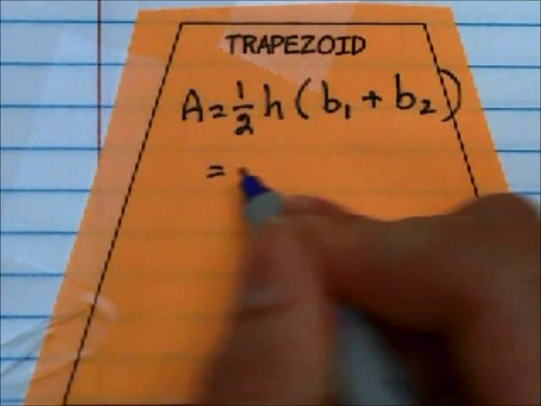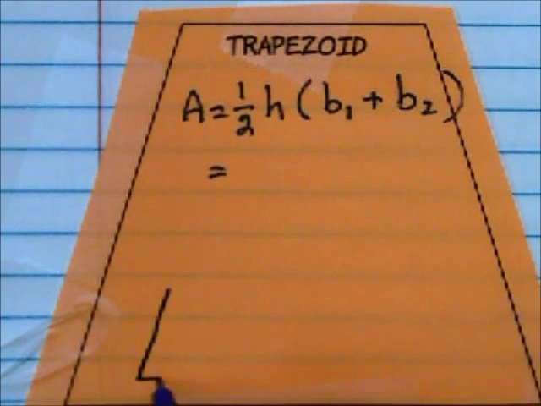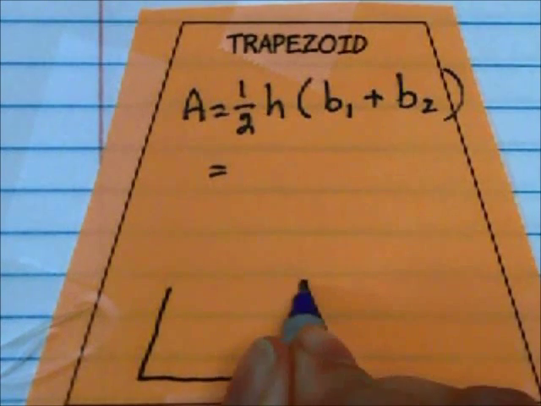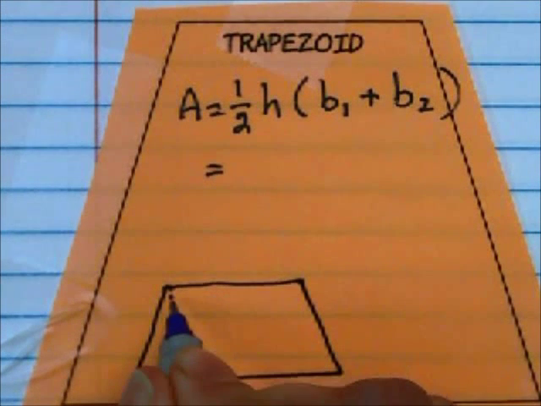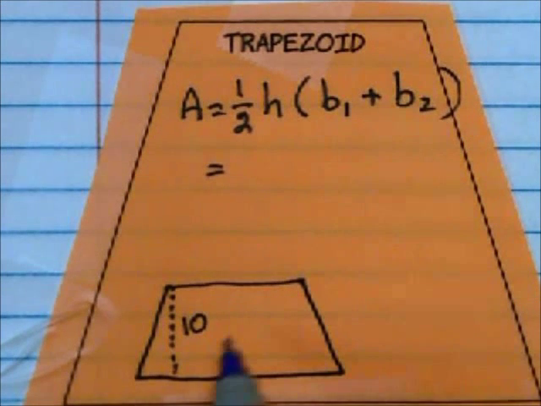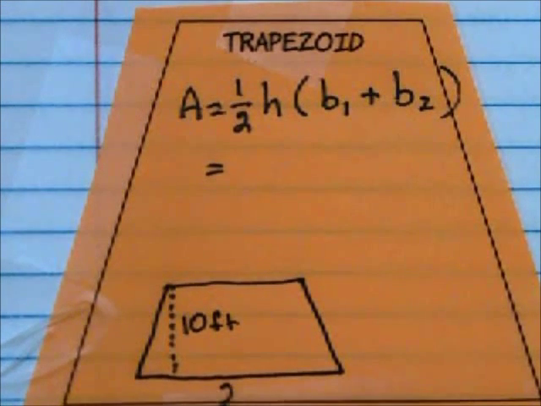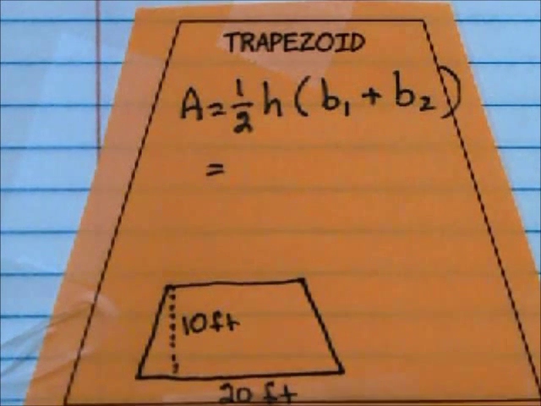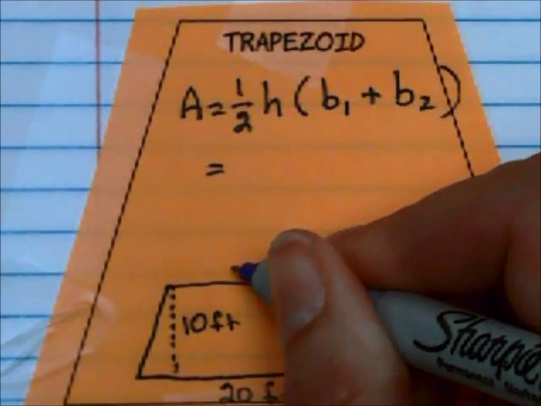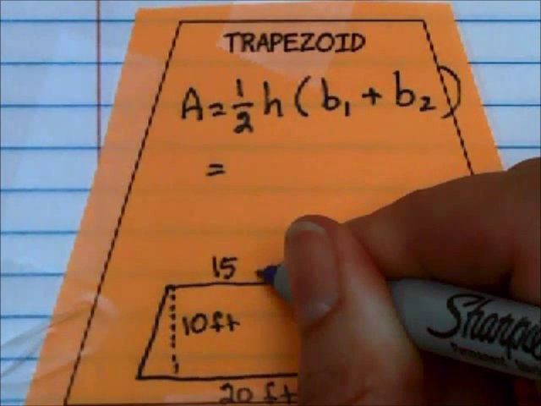So let's go ahead and draw ourselves a trapezoid down here. And we'll say that this has a height of 10 units. Let's call these feet this time. And let's say this is 20 feet on this base. And the base at the top, we'll say is 15 feet.